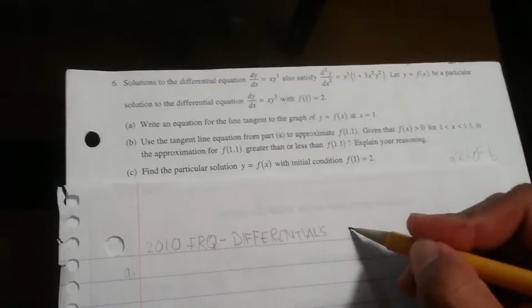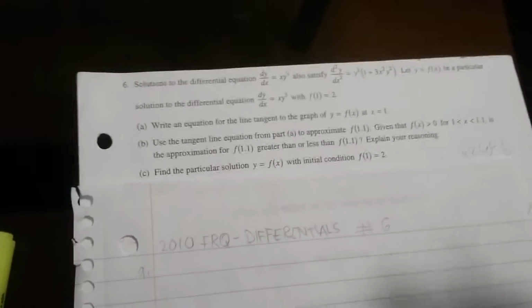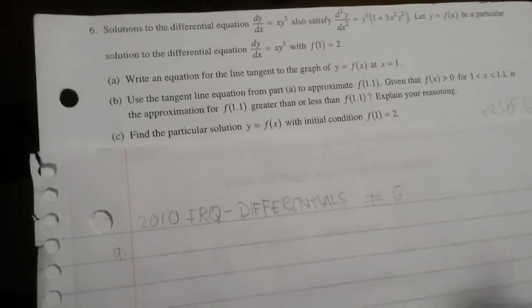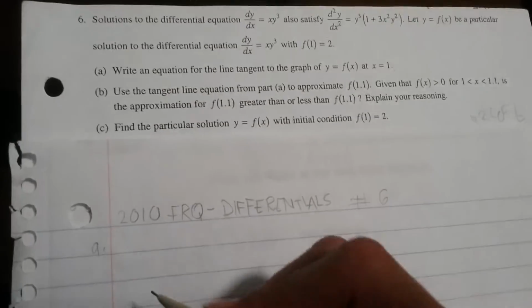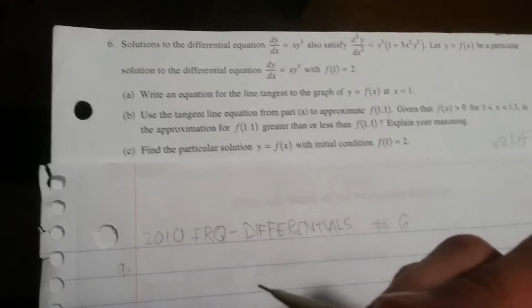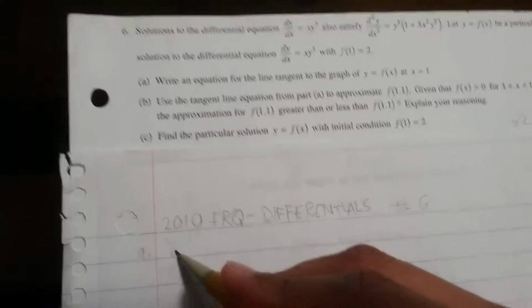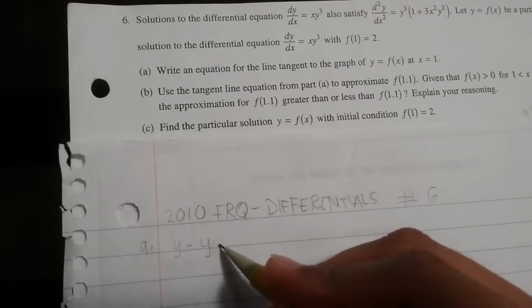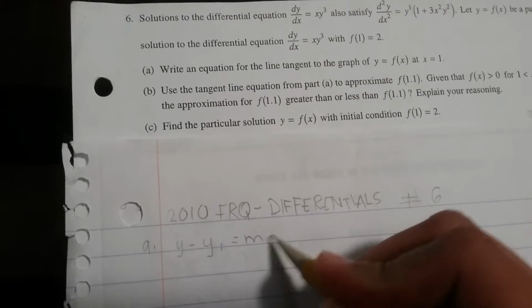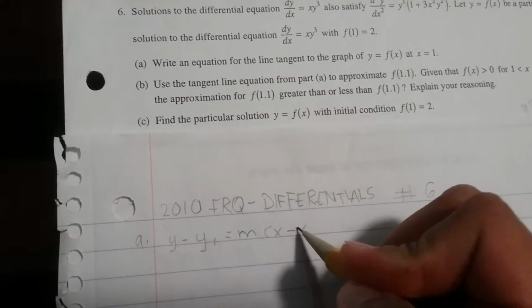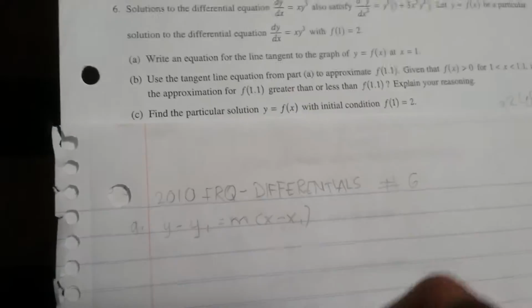So, yeah, this is number 6 of the FRQ. For letter A, we need to write an equation of a line. I don't know if you guys are familiar with this: y minus y1 equals m times x minus x1.